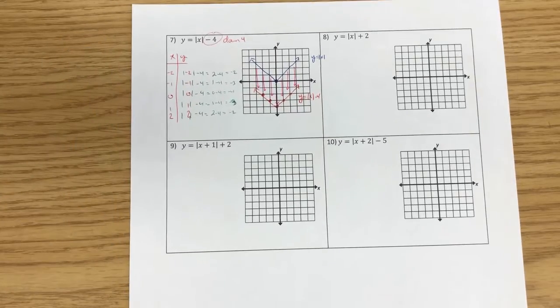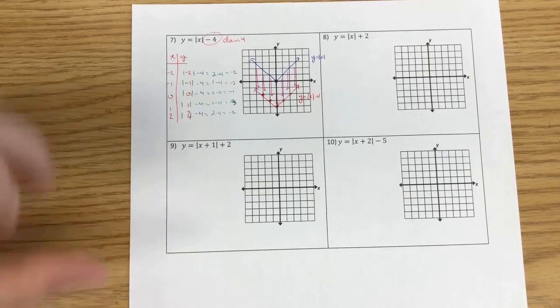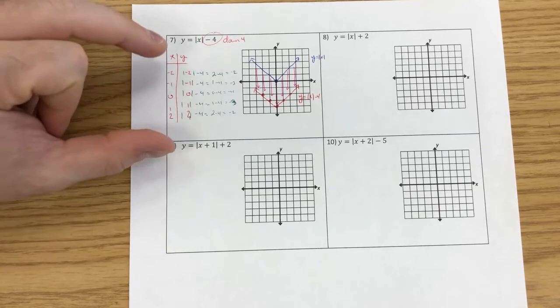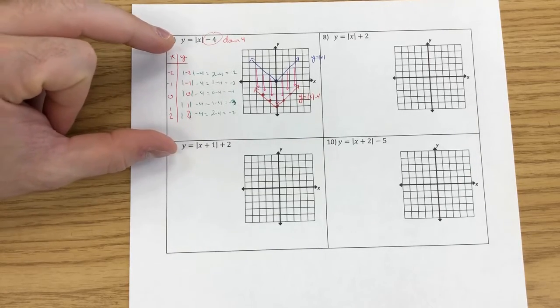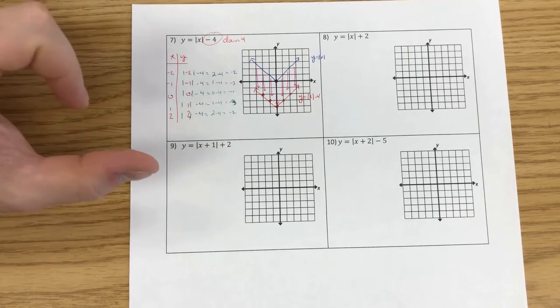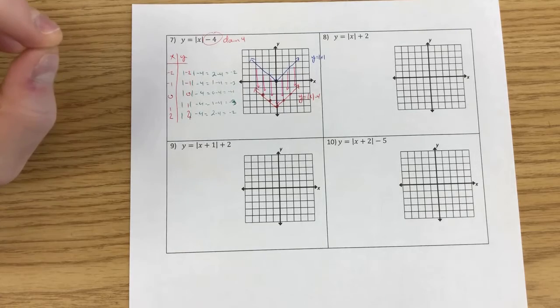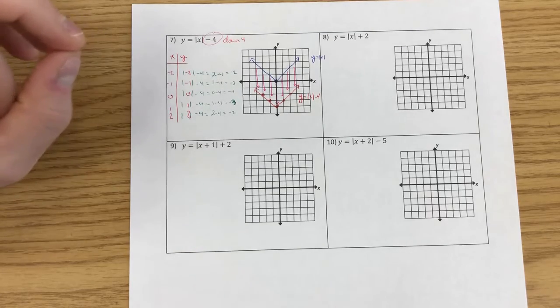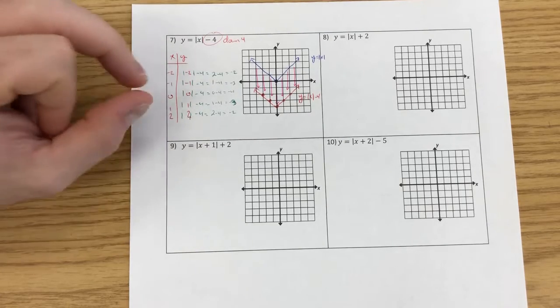So let's knock out this last one. But with this last one, we're going to save some time because I think at this point, we know how the graph works, so we don't need to draw the table. If you get confused, or you forget the rules, or you don't remember what's up, what's down, or what's left, or what's right, we can always make a table.